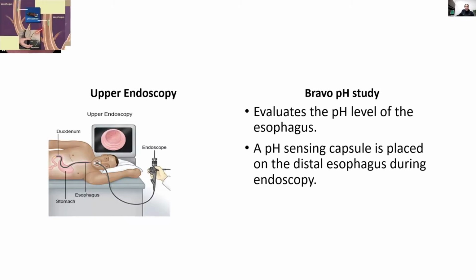Okay, so I have some diagrams here, and you turn your attention to the one that says upper endoscopy. That is a procedure that GI doctors do. Essentially, they're sticking a long camera down your throat, and they're able to look into your stomach and the first part of your small intestine, which is called the duodenum.